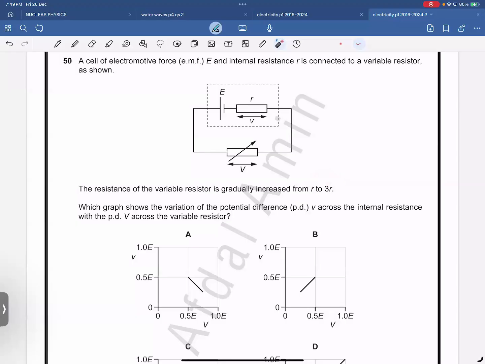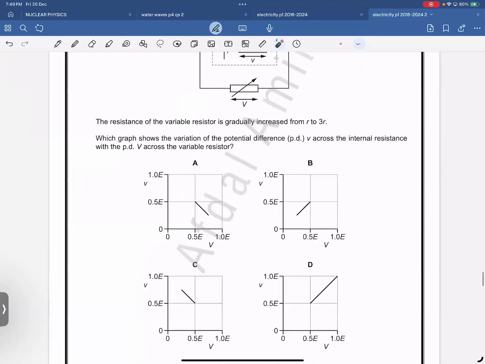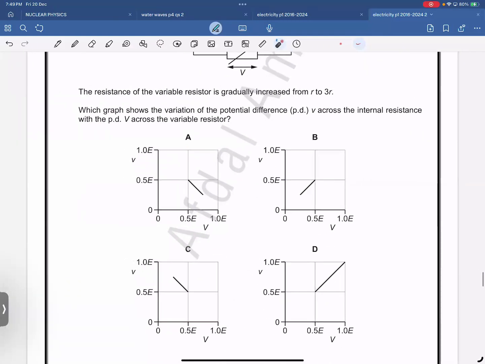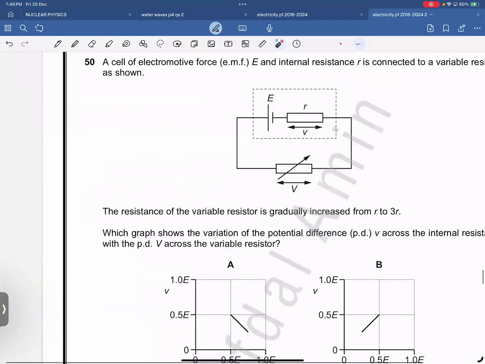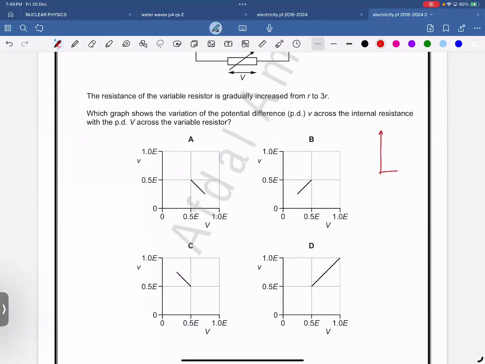Which graph shows the variation of potential difference across the internal resistance as it changes? Students, I want to shortlist 2 options for you. Y-axis is V for internal, x-axis is V for external. Understanding?